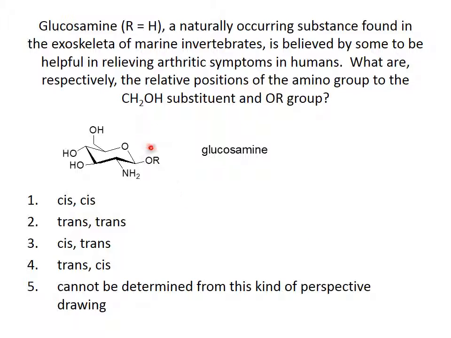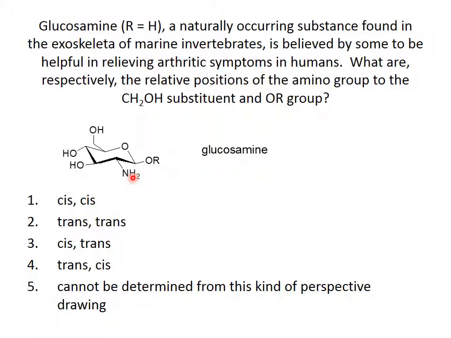So go ahead and figure out, if I look at the groups on this, I'm looking at this hydroxymethyl group right here, and this group right here, well, don't worry about what type of group it is, this alkoxy group. If I look at this and this, how are these relative to that amino group? Are they cis or are they trans?